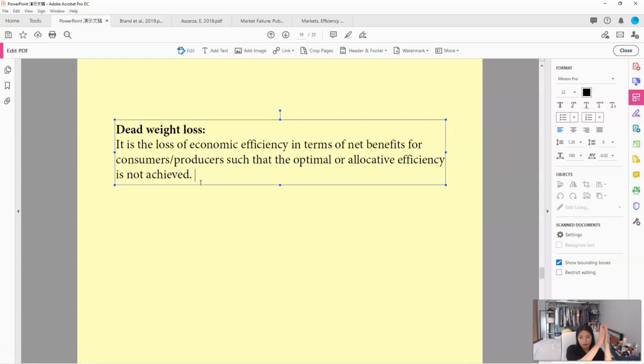We call the market net benefit at market efficiency point A. The amount of the net benefit is A, and at this other point, I cannot reach the market efficiency. However, there will also be a market net benefit, and I call this amount B. So the difference between A and B is the deadweight loss.